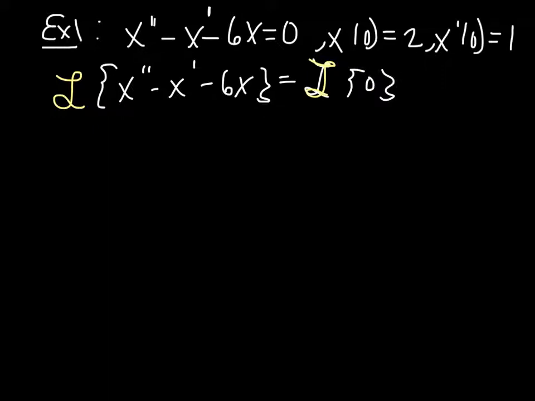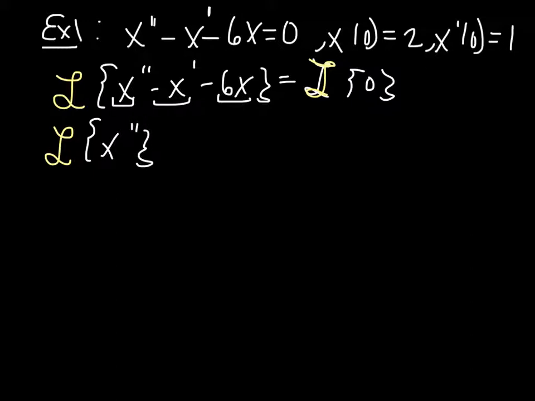And then again, using the property of linearity, right, the Laplace transform, sometimes we say it's a Laplacian operator of linearity, because you can definitely break up the terms. So let's go ahead and do that. So we have the Laplace transform of this guy and this guy.